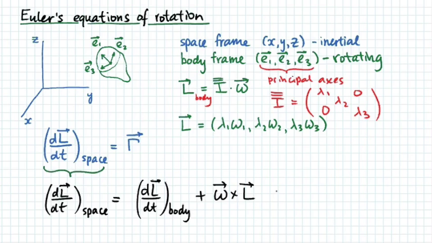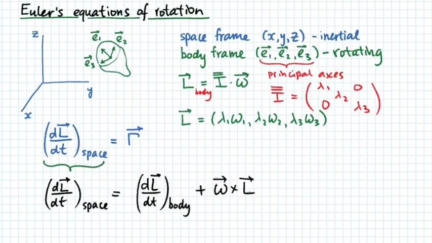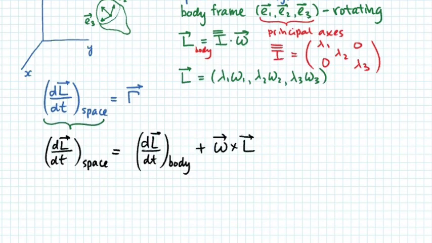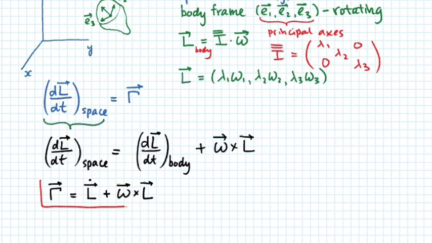Now this is true for an arbitrary vector, but we apply it for the case of angular momentum. So then we obtain the equation that gives us torque on one side and the derivative of angular momentum plus omega cross L in the body frame. These three equations, because we have three components, are known as Euler's equations.